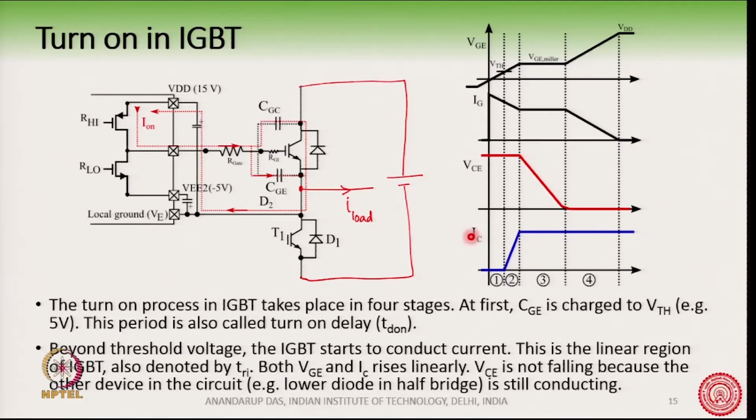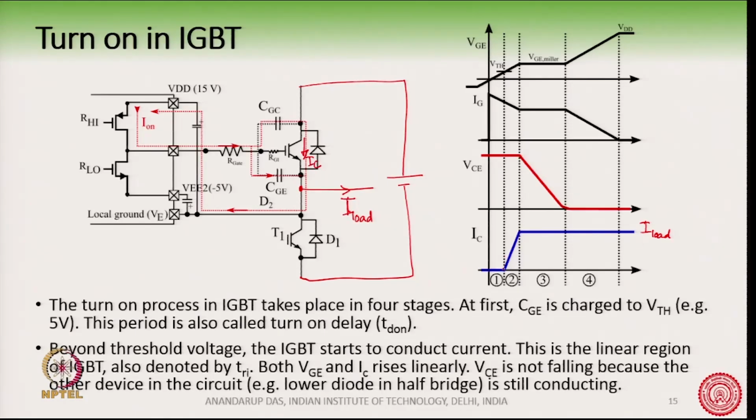Because the current flowing through the IGBT, this is the IC current here, is not equal to the load current. So, this is the load current here.